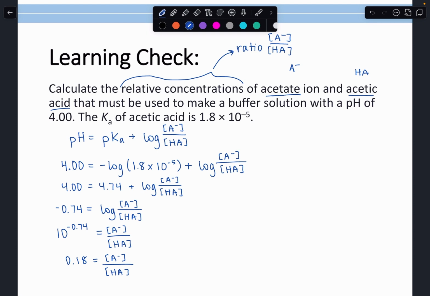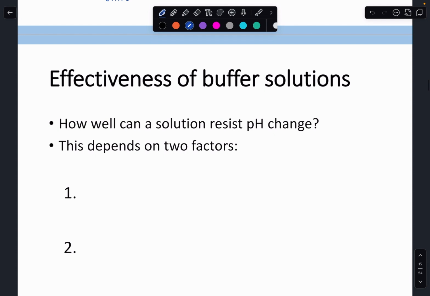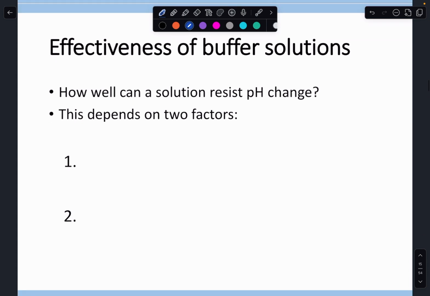For buffer solutions, some are better at resisting change to pH than others. So how well the solution can actually resist change depends on 2 factors. The first we call buffer capacity. And the second is its effective pH range.